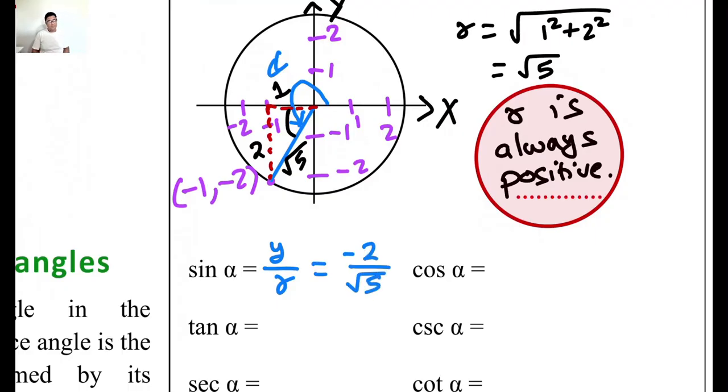So negative 2 over root 5, that's sine alpha. Leave it at that, or if you rationalize it by multiplying by root 5 up and down, it will be negative 2 root 5 over 5.